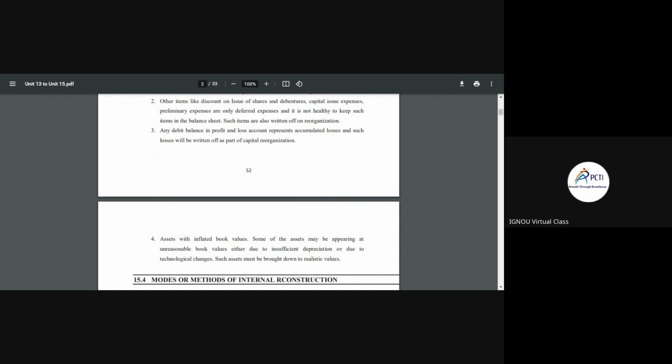Next point will be assets with inflated book value. Some of the assets may be appearing at unreasonable book values either due to insufficient depreciation or due to technological changes. Such assets must be brought down to realistic values.